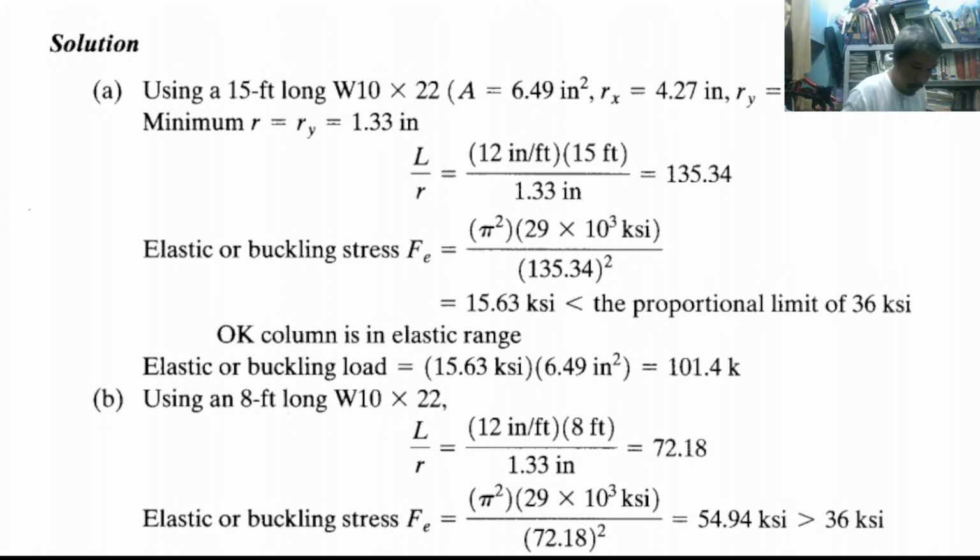Because we have two regions, elastic and plastic, the Euler equation is not applicable, because the Euler equation is in the elastic region, not in the plastic region. That's why we cannot choose that formula.